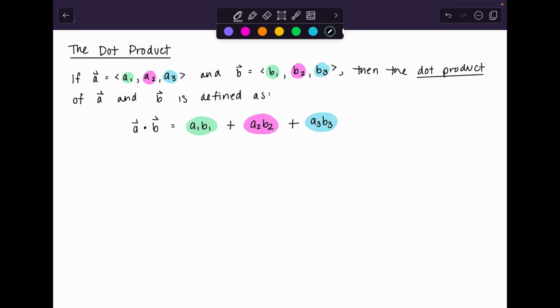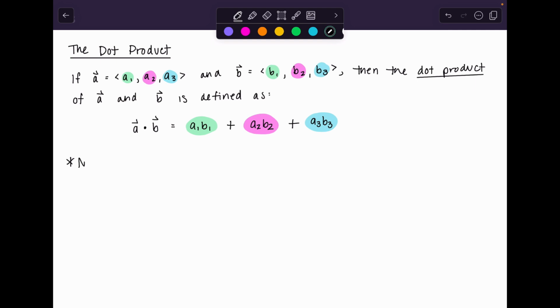This is super important here. A1 B1 is multiplying those first two numbers, and you're adding another real number and another real number. So the result of this is no longer a vector. Instead, what you're getting is a real number in the end.